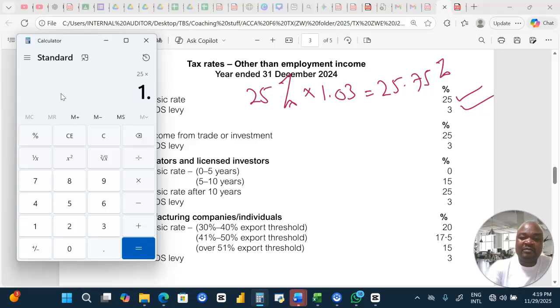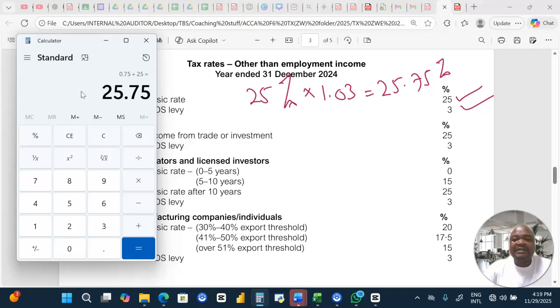Or we can do it step by step and say 25 multiplied by 3%, because it's 3% of 25%. We get 0.75%. And then we add the 0.75% to 25. Is that clear?